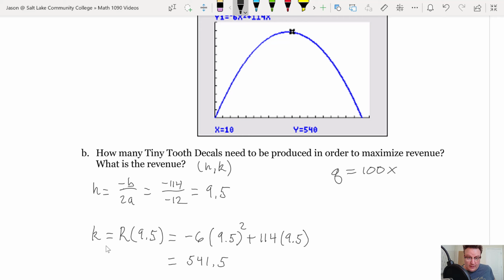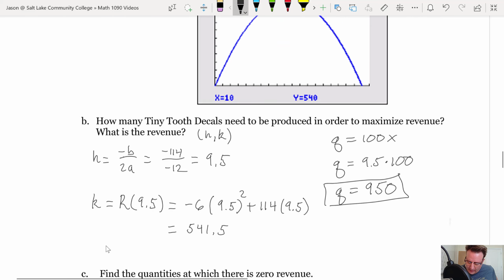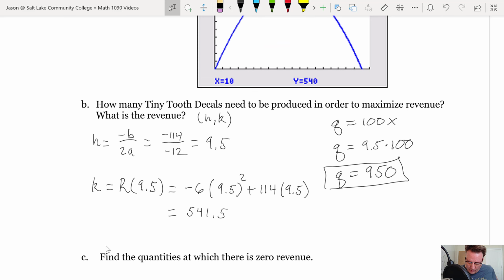So to get the actual quantity, you multiply the x value by 100. So the quantity we need to sell is going to be 9.5 times 100, which is 950, right? Move the decimal place over 2 places. There we go. So we've got to sell 950 decals.